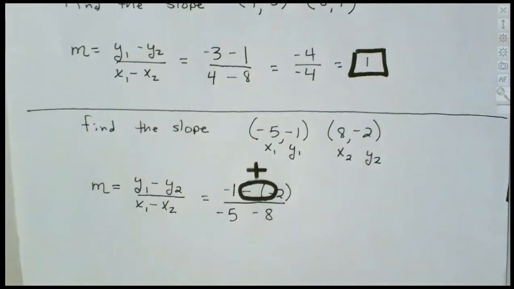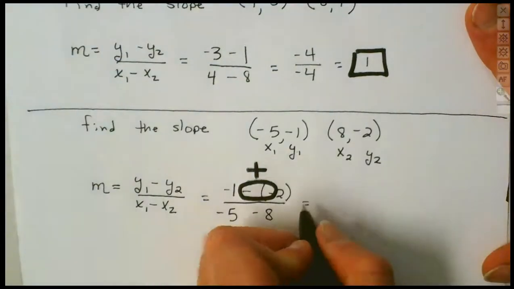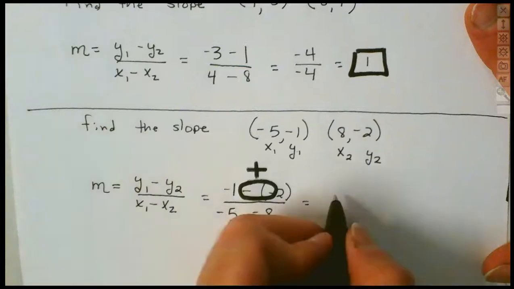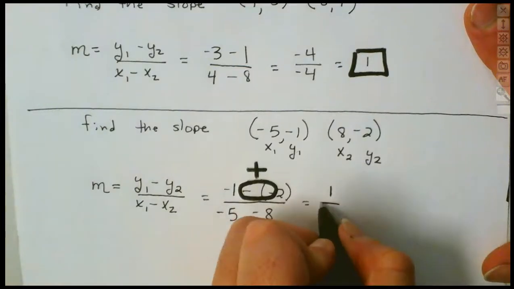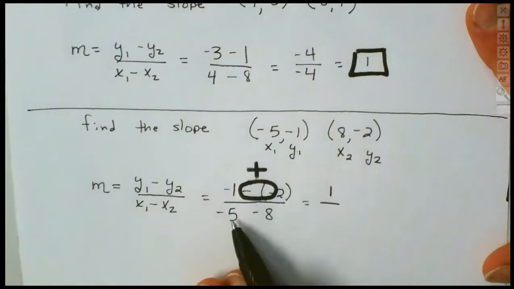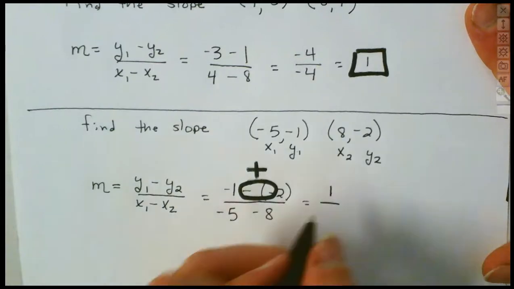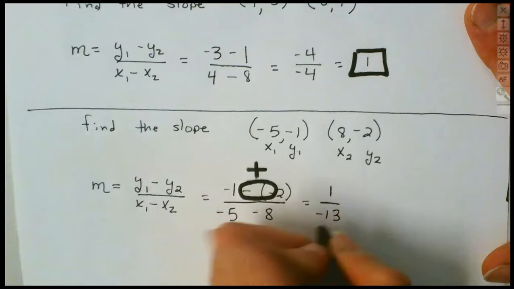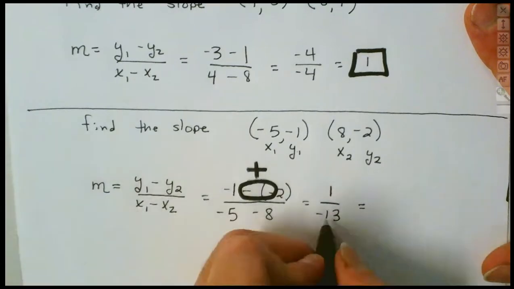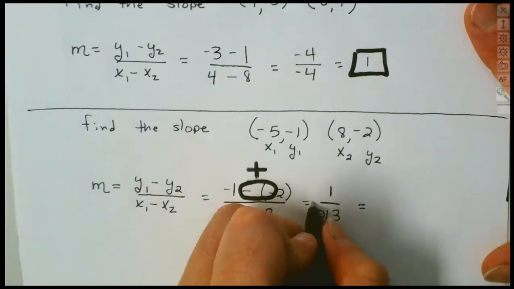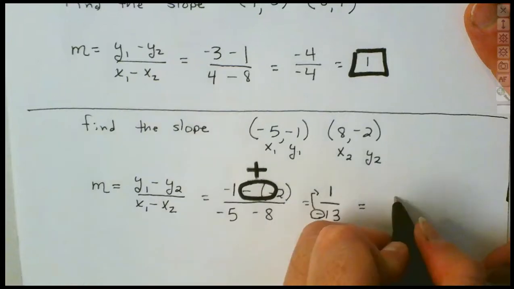This double negative here is going to make that positive. So now we have -1 plus 2. And -1 plus 2 makes it a 1. Down below, we have -5 minus 8, that makes it -13. You'll always want to bring that negative up to the top. And so what's your slope?